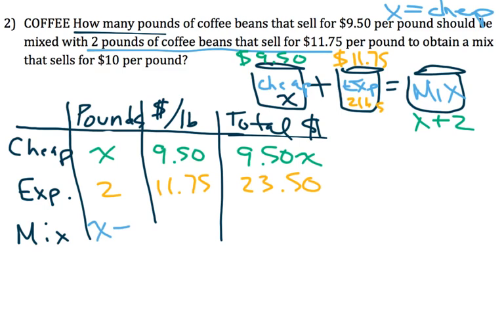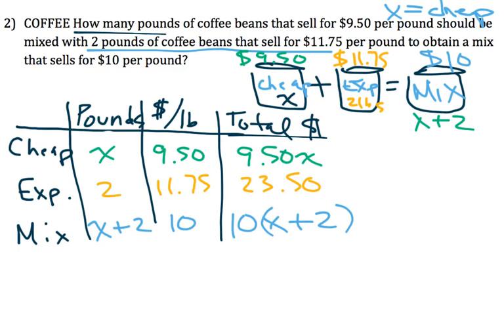So here's X plus 2, and then if I look at the table, it's just summing these two numbers. But the goal would be to sell this for $10 a pound. Which means that the total cost of this is going to be that $10 a pound times however many pounds there are.